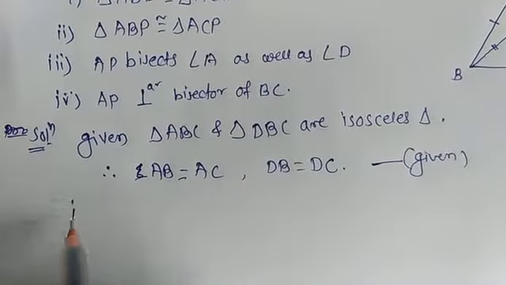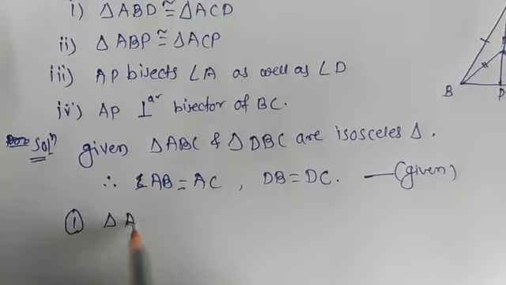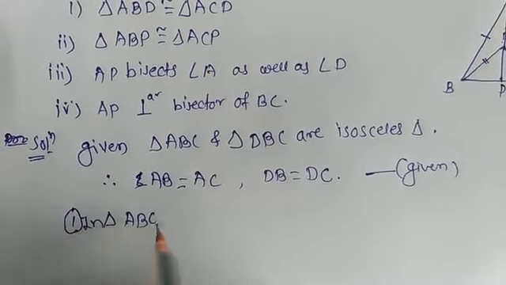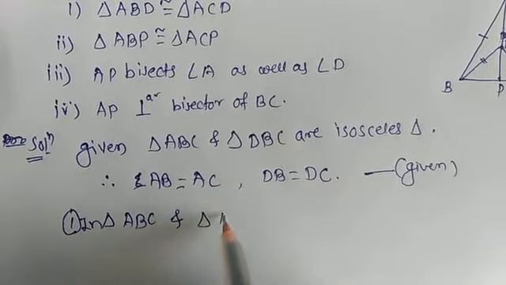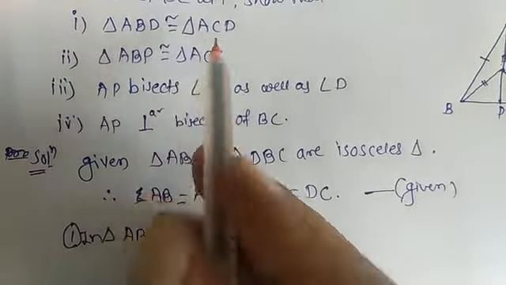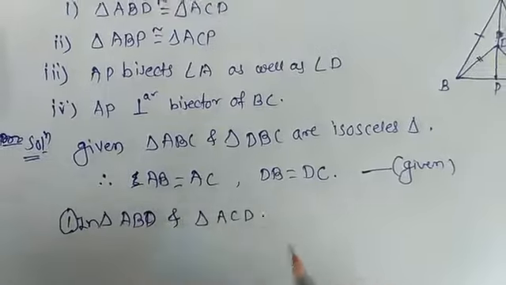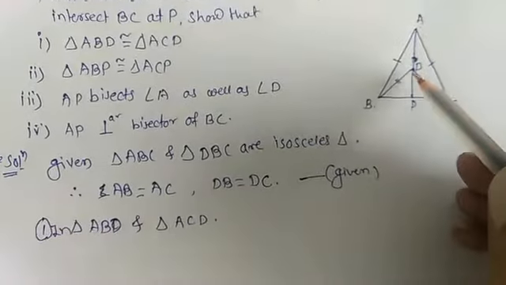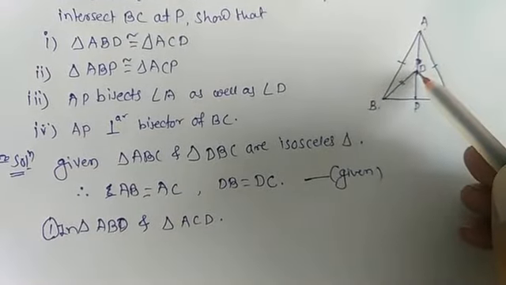Now first, in triangles ABD and ACD, we have to prove that ABD is congruent to ACD.